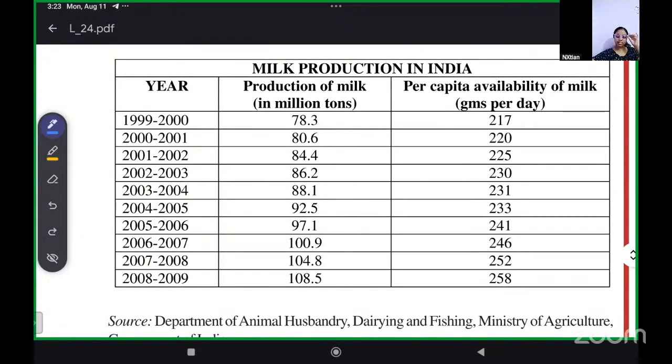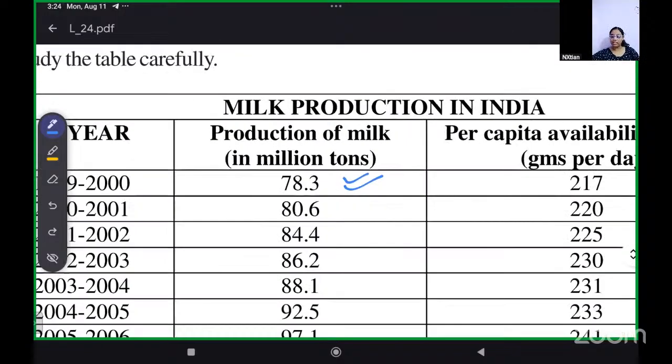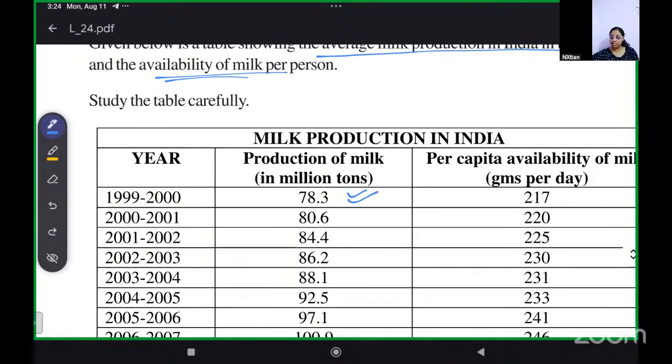Now, the years we have are from 1999 to 2009. The production of milk in 1999 to 2000 was 78.3. Now this quantity is in million tons. Why?